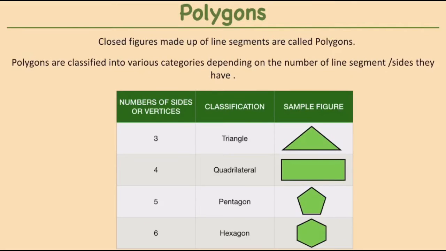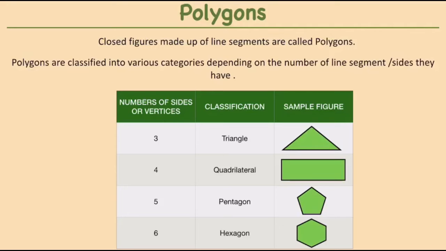Now you will learn about polygons. Closed figures which are made up of line segments are called polygons. Polygons are classified into various categories depending on the number of lines or sides they have. These polygons are named with Greek numerical prefixes.